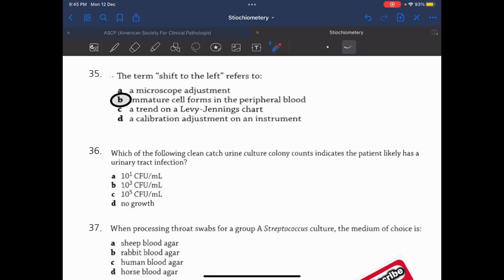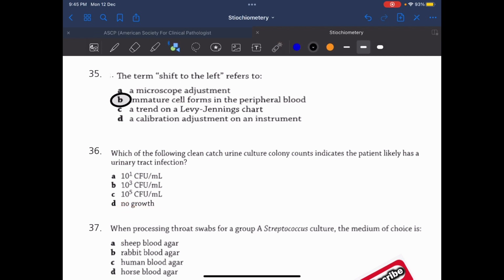Question 36. Which of the following clean catch urine culture colony counts indicates the patient likely has a urinary tract infection? 10 to the power 1 colony forming unit per ml, 10 to the power 3, 10 to the power 5, no growth.